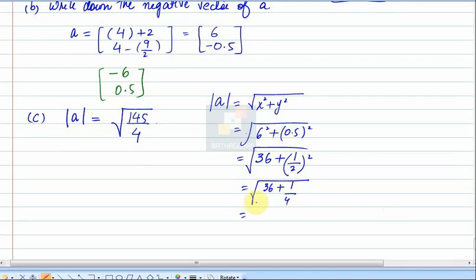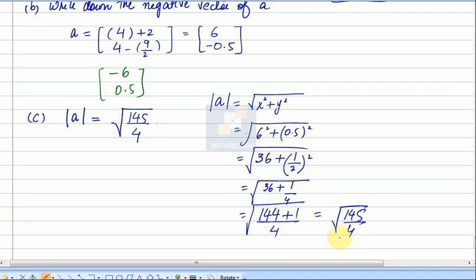And you need to multiply 36 by 4, it's 144 plus 1, divided by 4, under the root sign, and that equals 145 divided by 4, right? So you need to show that the magnitude of A equals the square root of 145/4, and we have just proved that.